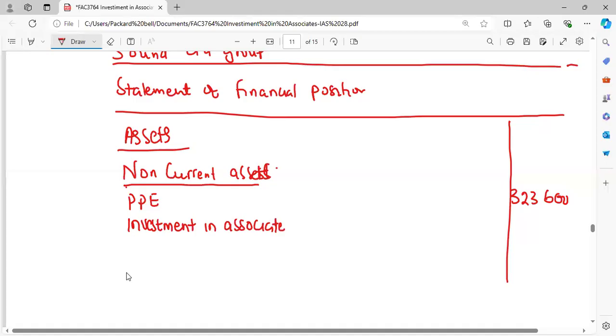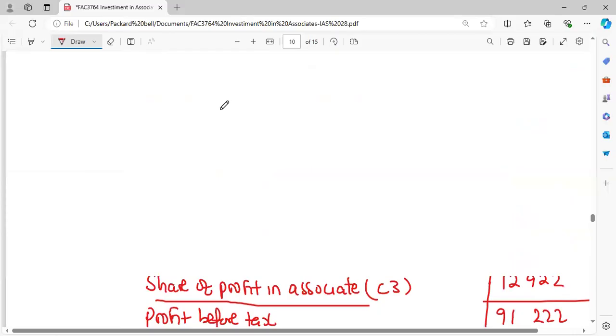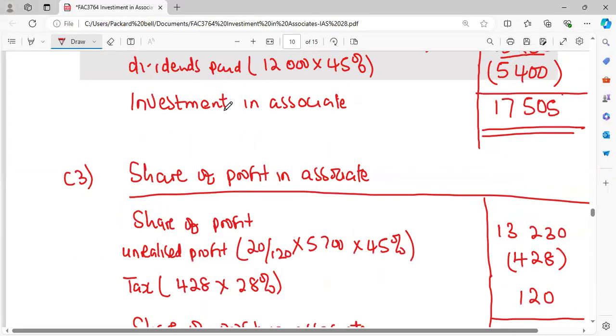The investment in associate, you did it in your calculation 1, that is your C1. So you take the investment in your associate, which is 17,505.